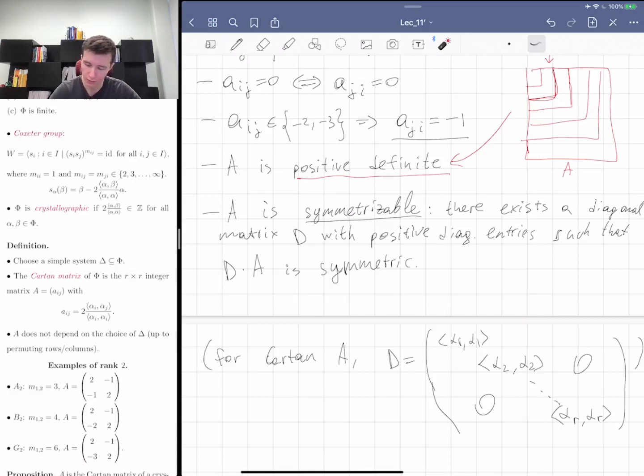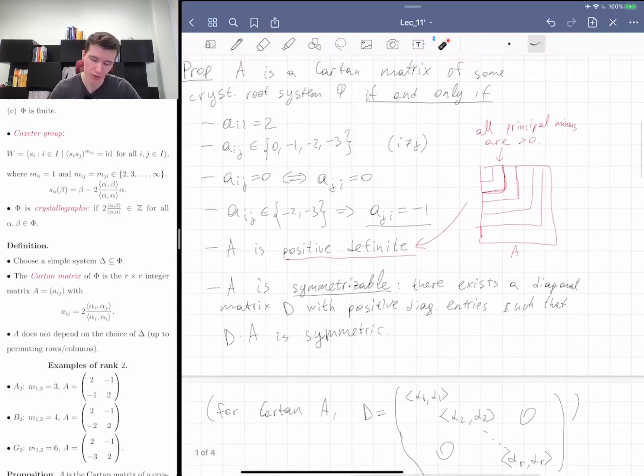It's easy to check that if you multiply A on the left by this matrix D, the entries are just twice the dot product of alpha i and alpha j, and that matrix is literally the Gram matrix. So it's positive definite and symmetric.